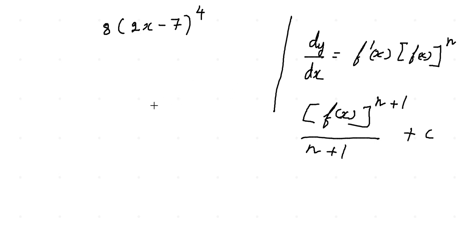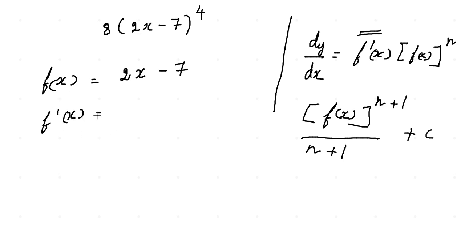But we've got to figure out, is 8 like the derivative of f of x? First of all, we need to find out what is f of x. Based on this formula, f of x is equal to 2x minus 7. Now, of course, you can find f prime of x. You find the derivative of 2x minus 7.